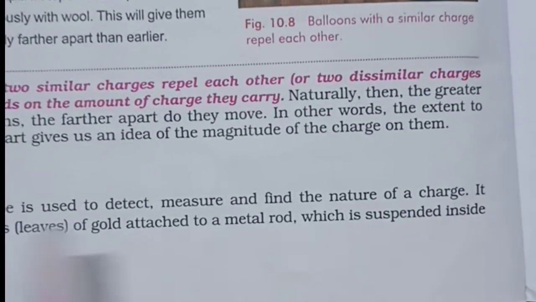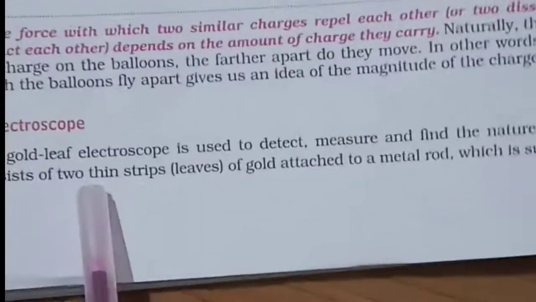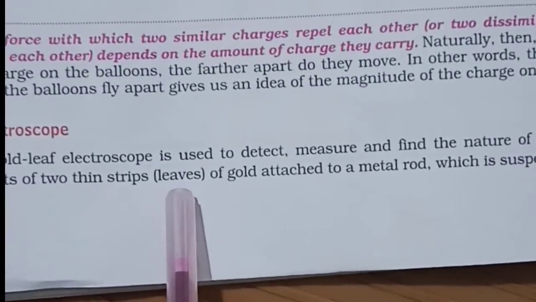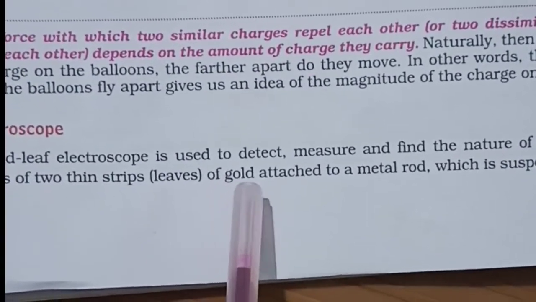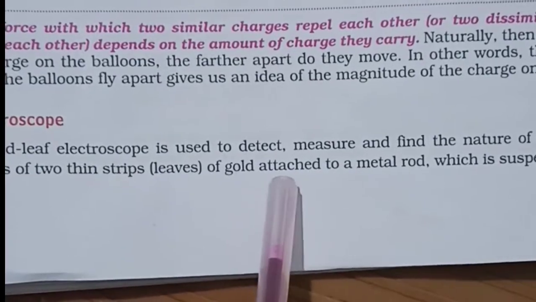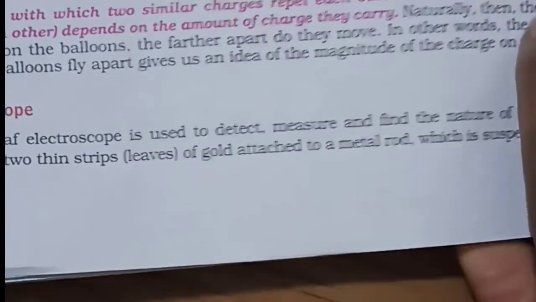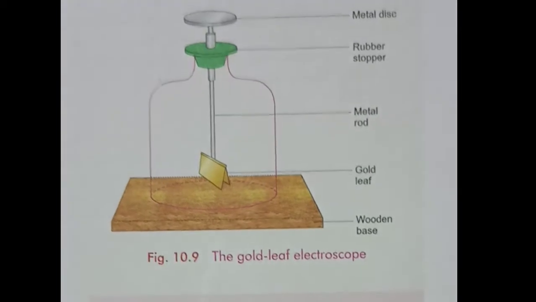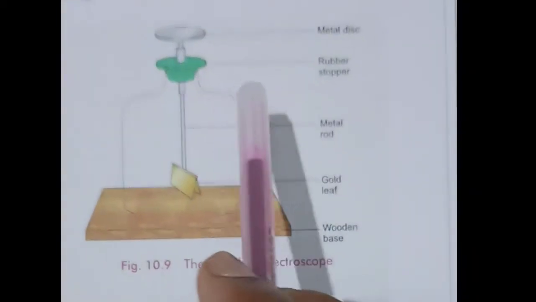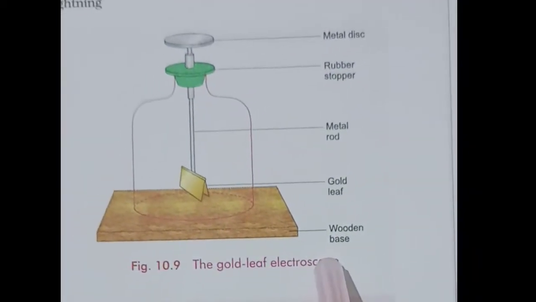So this gold leaf electroscope consists of two thin strips, or leaves, made of gold. It is called the gold leaf electroscope, and the leaves are attached to a metal rod which is suspended inside a glass jar. Now let us see this diagram of the gold leaf electroscope.